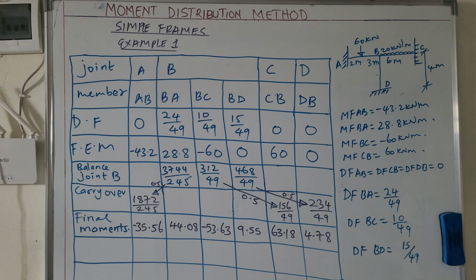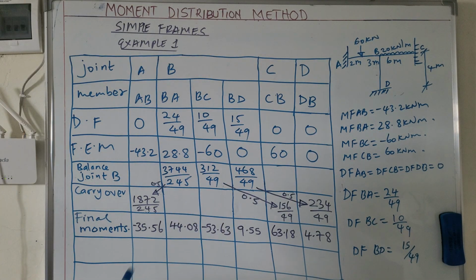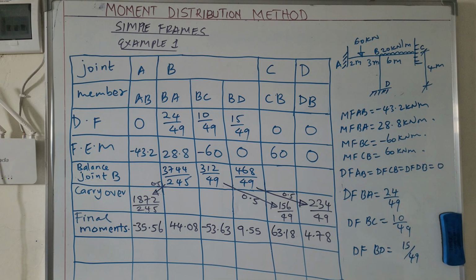And then the opposite member of BD is DB, this one. So you will take a half of this and carry it over to the opposite member, which is DB. So 468 over 49 times 0.5.